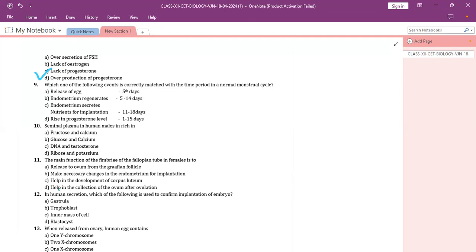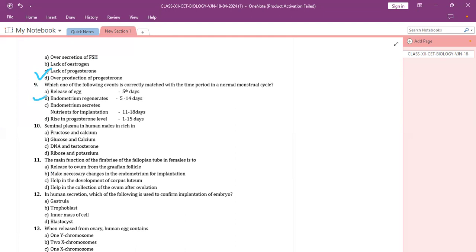So, which of the following events is correctly matched here? If you observe here, the ovary and the uterus change during the menstrual cycle. Days 5 to 14 are the period of regeneration of the endometrium. So the option for the 9th one will be B, because here it is correctly matching with the number of days.